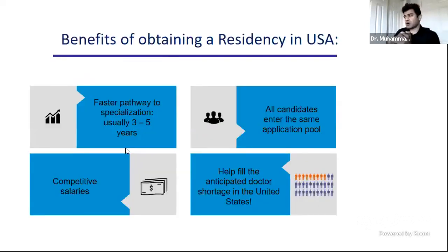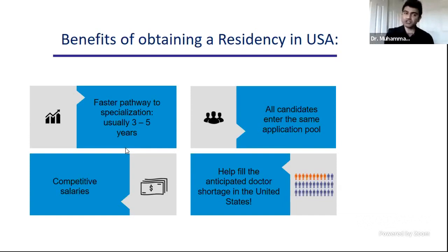Okay, let's talk about the benefit of getting a residency in the United States. For instance, I'm outside the United States, in my own country. Why should I consider practicing medicine in the United States? As a medical student or a physician, I know how important it is to work in a top-notch quality environment so you can understand advanced medicine and new technologies.